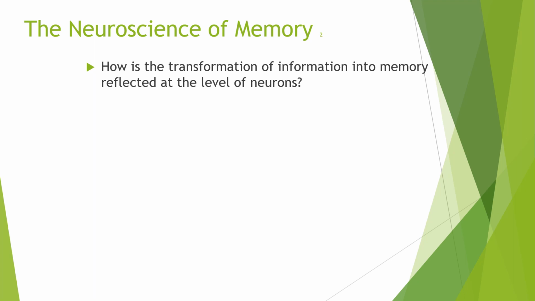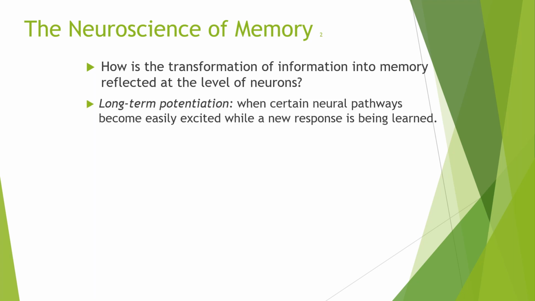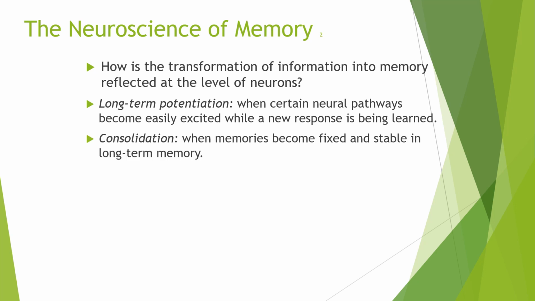The first thing to discuss is long-term potentiation. This is when certain neural pathways become easily excited while a new response is being learned. Consolidation is when the memories become fixed and stable in long-term memory.